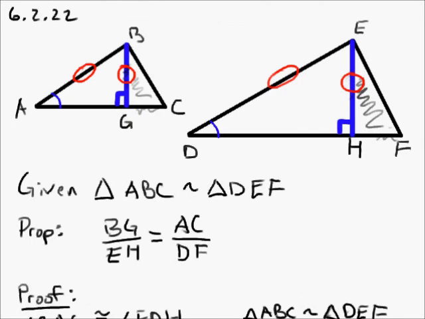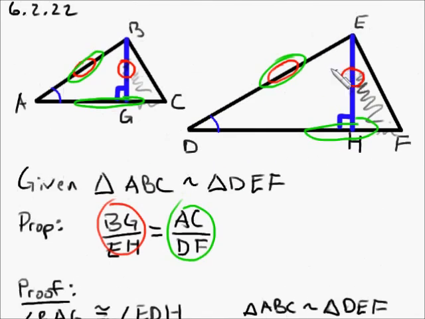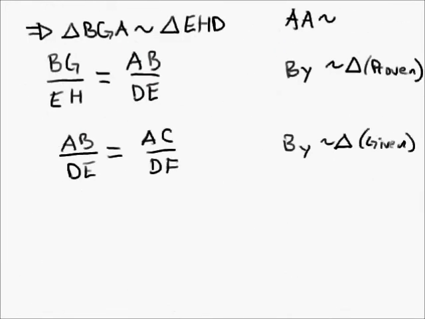Let me highlight again the sides that I'm talking about. AB is to DE as AC is to DF. That's what we want. This is what we had in red. Look, the red and the green overlap over here. That's the transitive property in action.